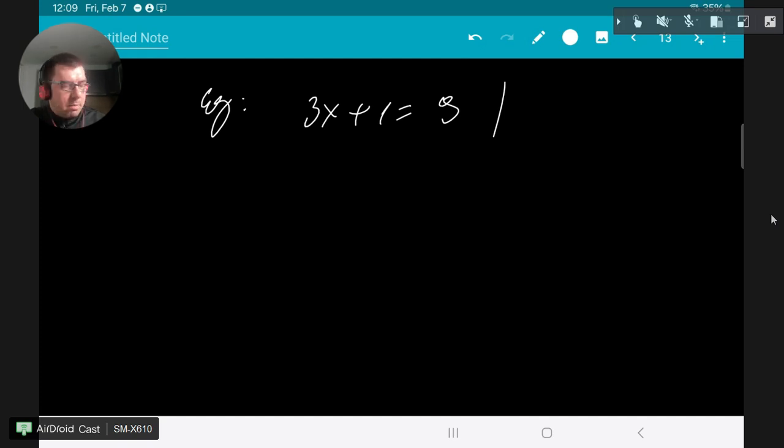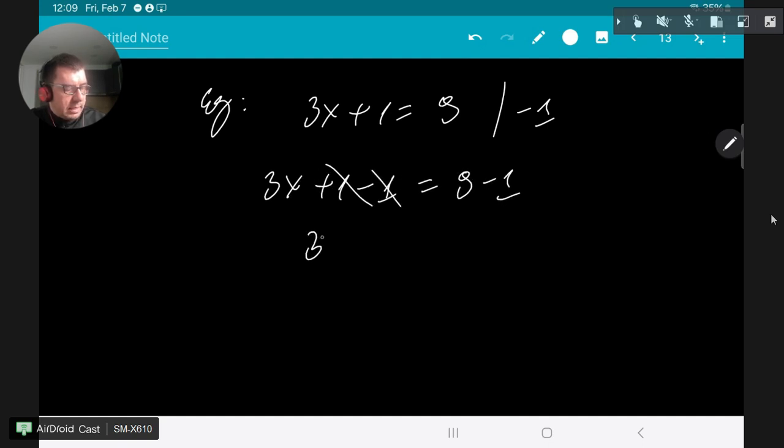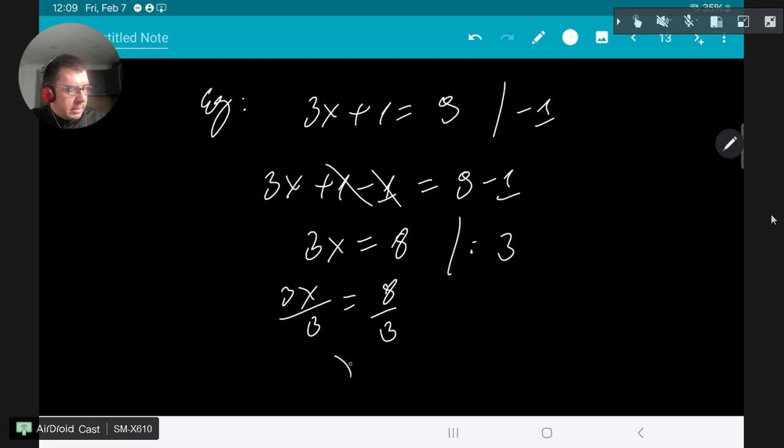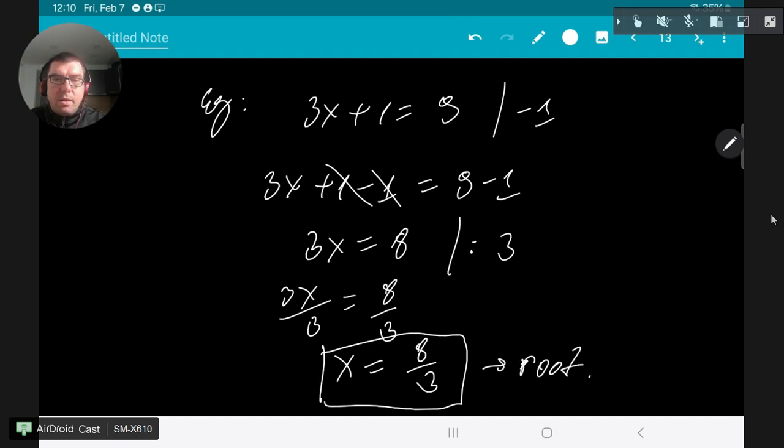But in this example I'll be more technical. So minus 1: 3x plus 1 minus 1 equals 9 minus 1. 3x equals 8. Divide by 3. 3x over 3 equals 8 divided by 3. X equals 8 over 3. And this is my root here. Okay?